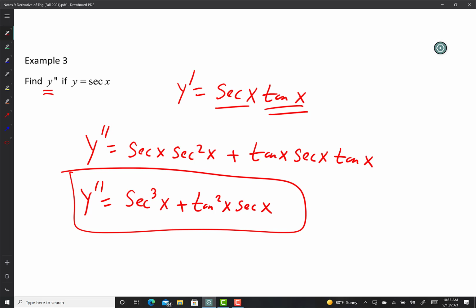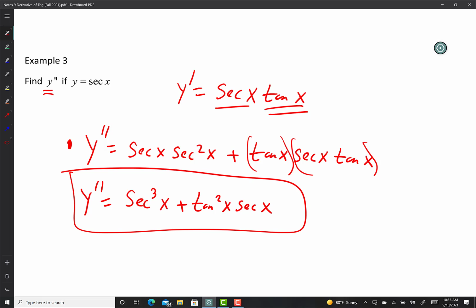Are you talking about right here, this one? I'm talking about the second part of the equation after the plus sign. Oh, okay. First times derivative of the second plus second times derivative of the first. The derivative of secant x is secant x tan x.